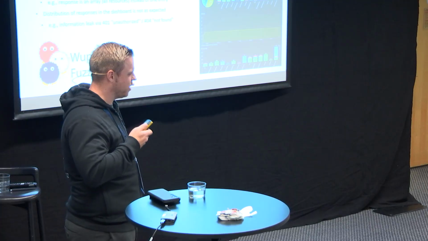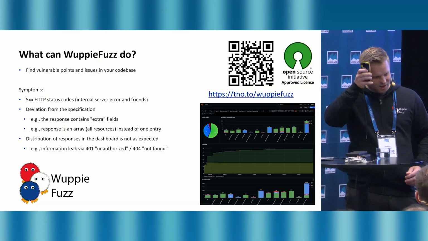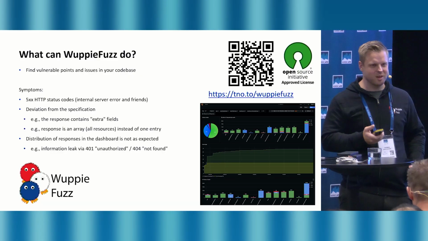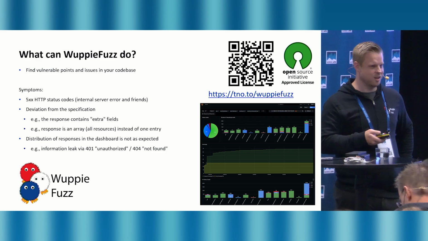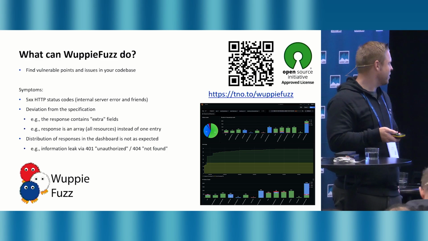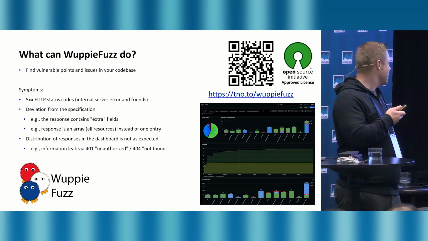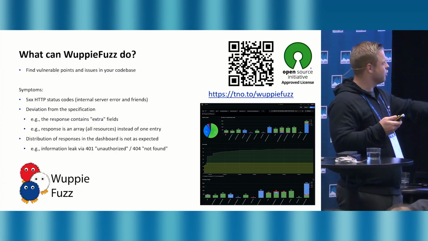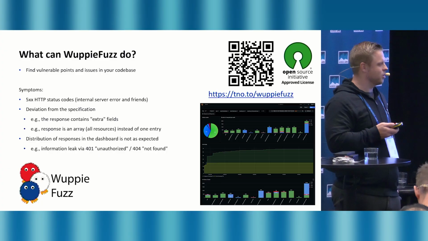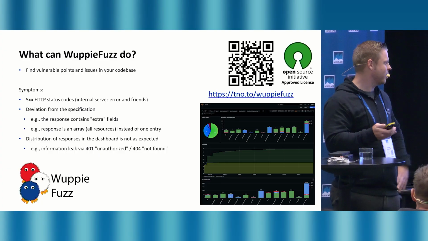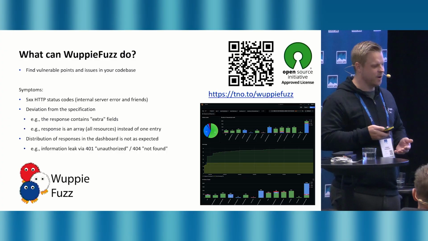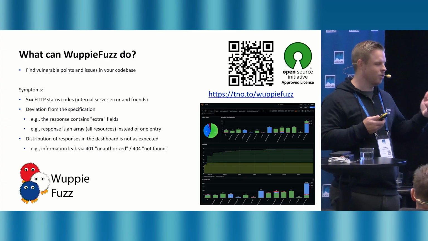For instance, there could be extra fields in the reply. You might leak information because the responses somehow give more information than the specification is specifying. There's also a nice Grafana dashboard available, so you can further explore all the requests that were sent and also see whether there could be some information leaks in terms of authorization.